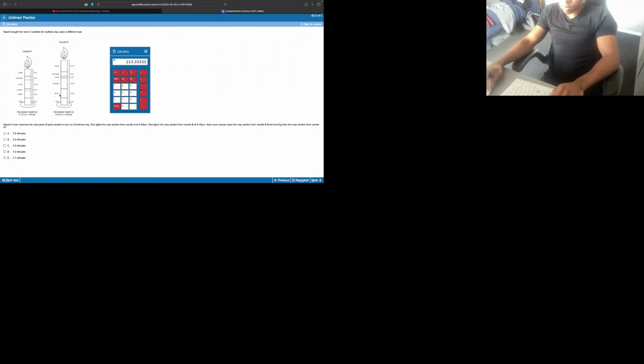Okay. Whereas they're both the same. 8 divided by 0.15. 53. 8 divided by 0.2.